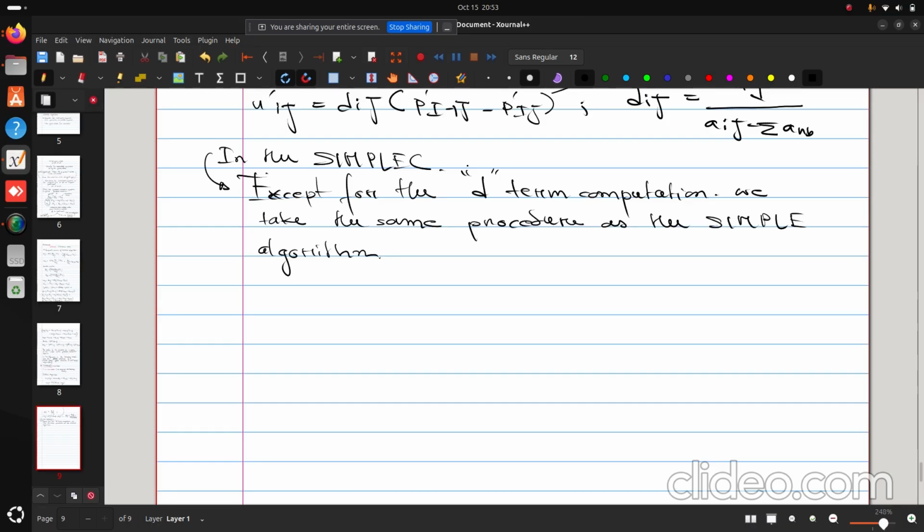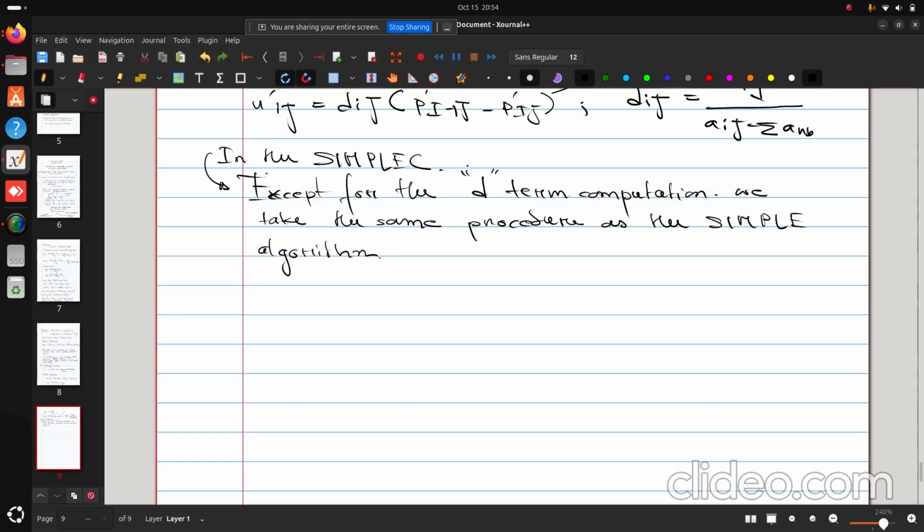Okay, now finally I will just go through the PISO algorithm, which is another important algorithm called Pressure Implicit with Splitting of Operators. This is an algorithm which is used for pressure velocity calculation.